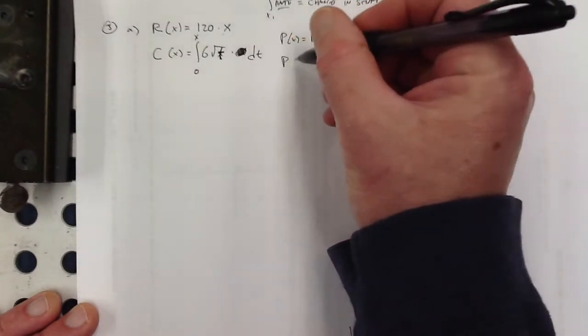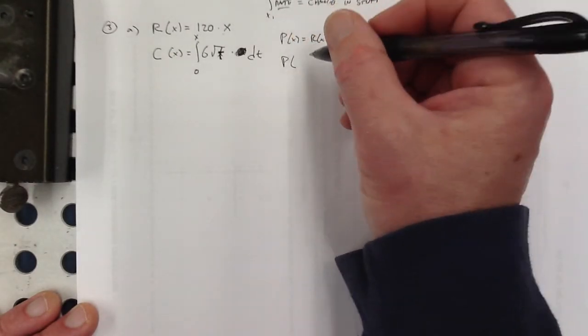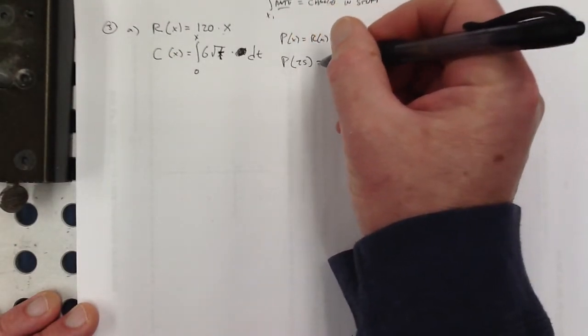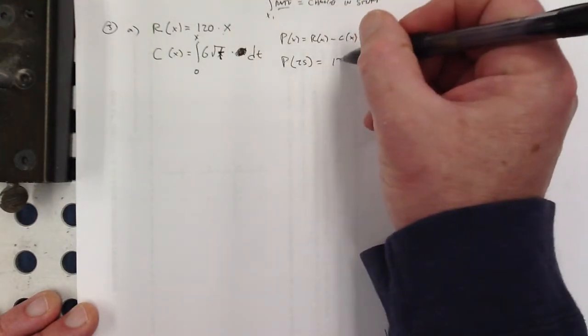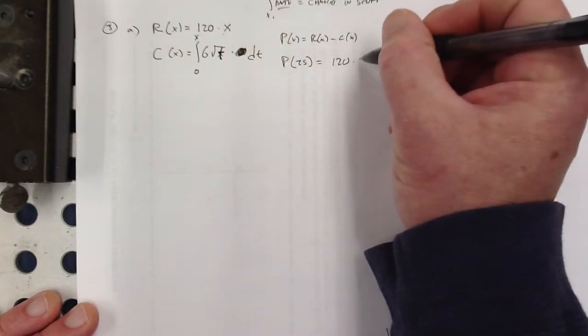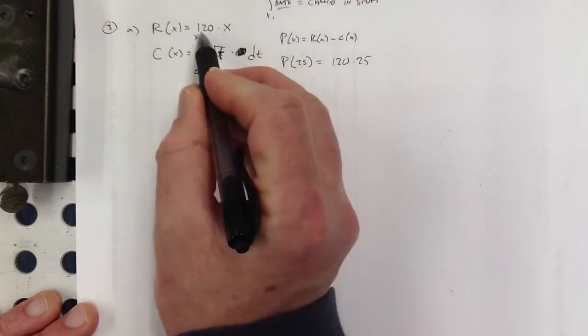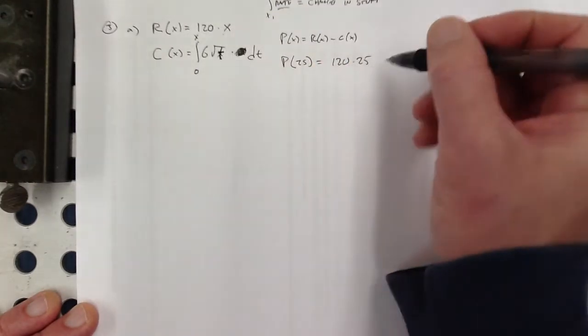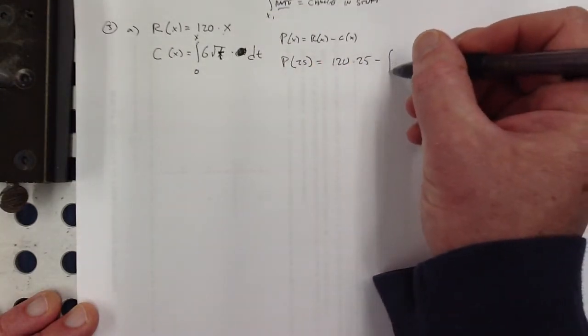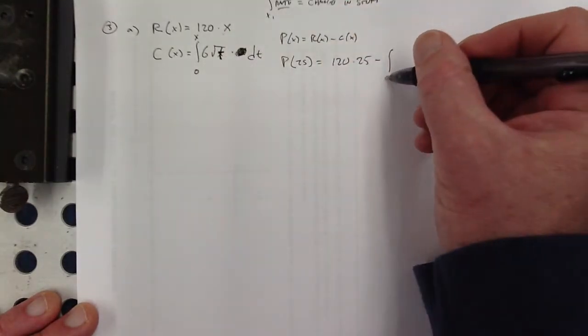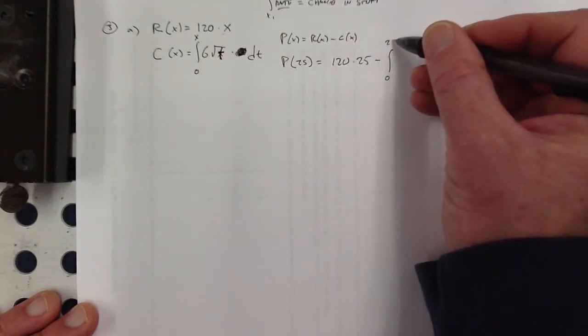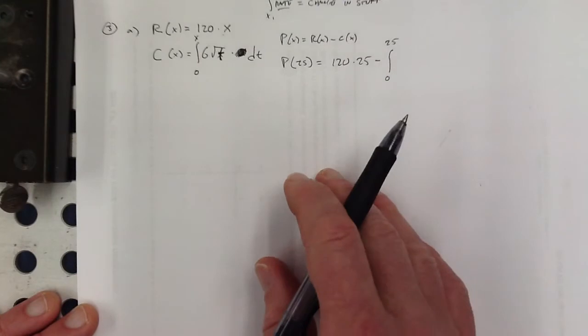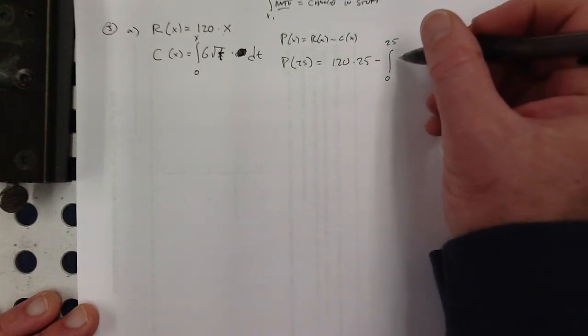So what's our profit for 25 meters of cable? It's 120 times 25, right? That's the amount of money somebody's going to have to pay for that cable. And then to find the cost for us producing it, that's the integral from 0 to 25 of 6 root x.